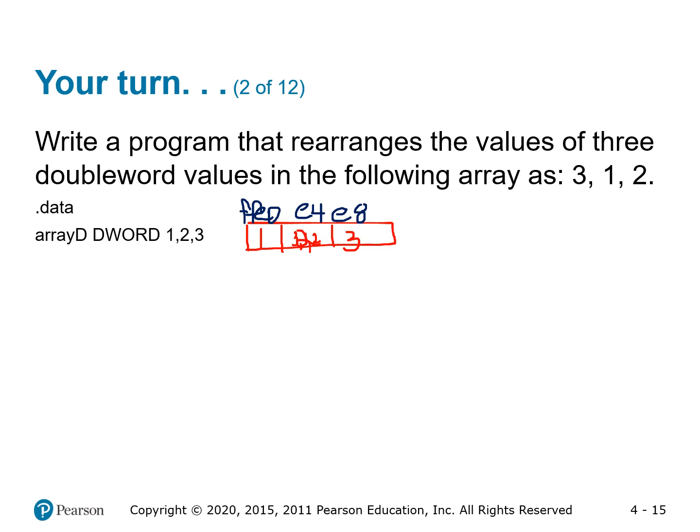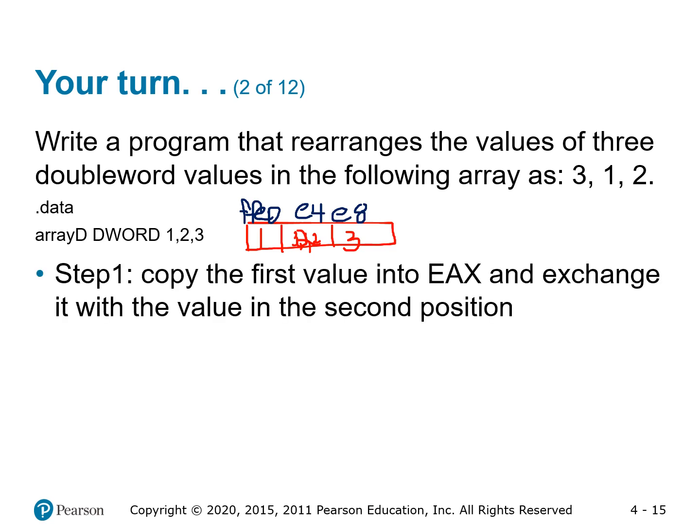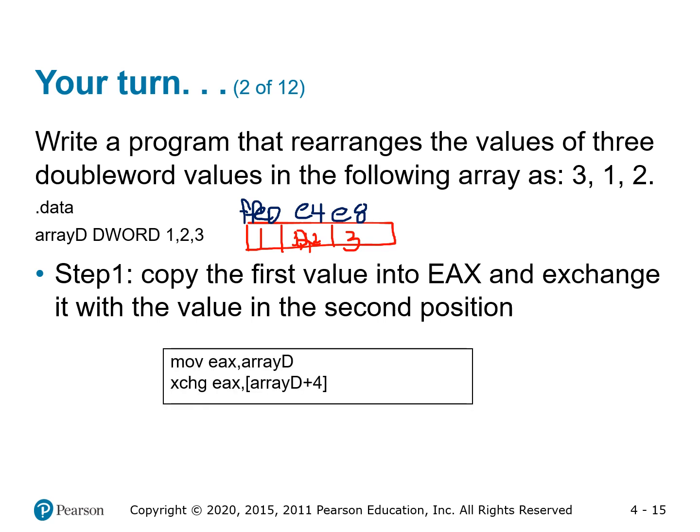So let's see if we can show. There we go. Step 1, copy the first value into EAX and exchange it with the value in the second position. So we're going to copy this first value into EAX and then exchange it with the value in E4. So here's the code for that. We have to move array D, which gives us a 1, into EAX.